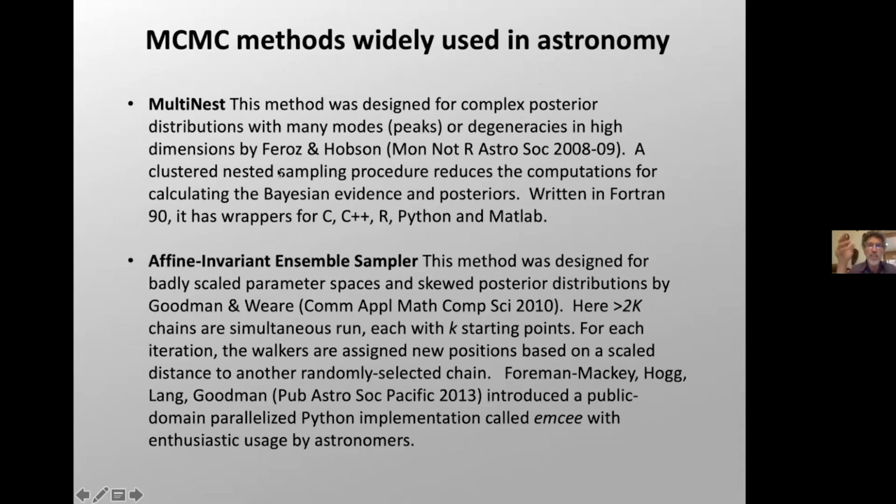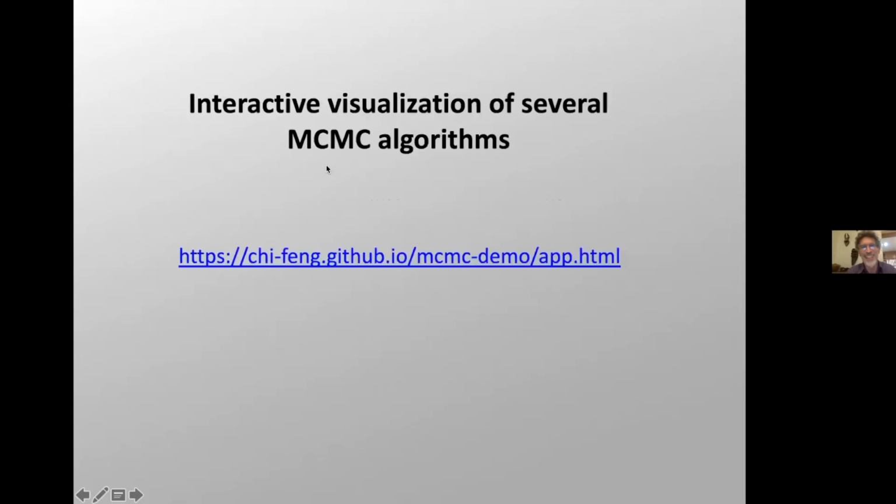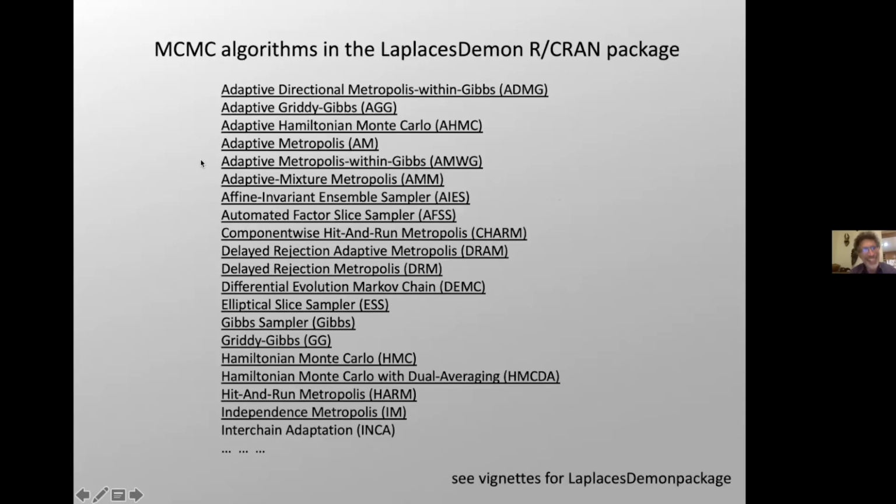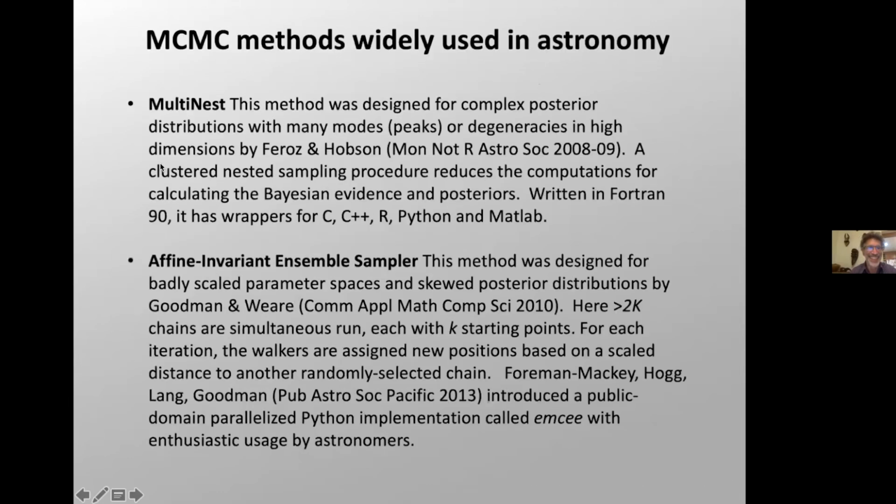Another one a few years earlier, from 2008, was done at the University of Cambridge in England. Professor Mike Hobson and then student Farhan Feroz. Very brilliant code, very brilliant people. They use something called clustered nested sampling to improve the procedure.